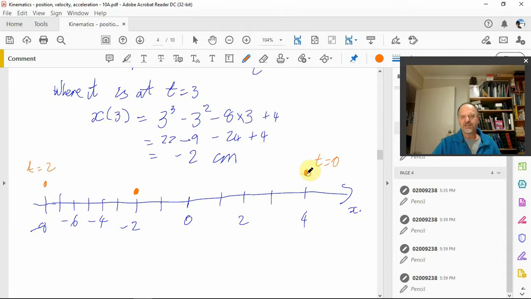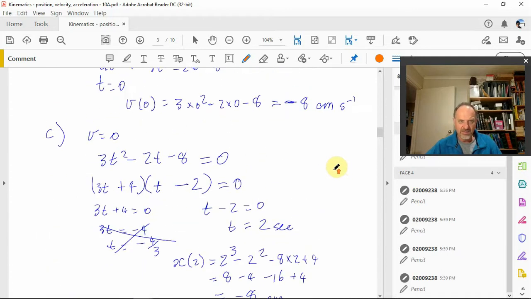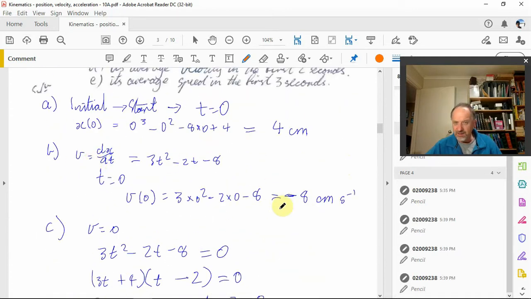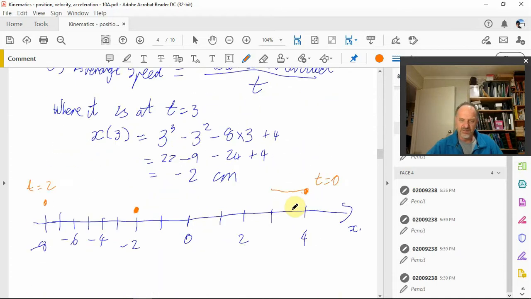So what has this thing done? Well, at time equals 0, I know it's going that way because at time equals 0, the velocity was negative. Right, so it was going in the negative direction. So I know at time equals 0, it goes there, and here, and so after 2 seconds, here it is.